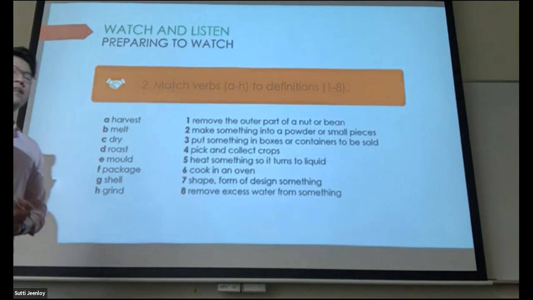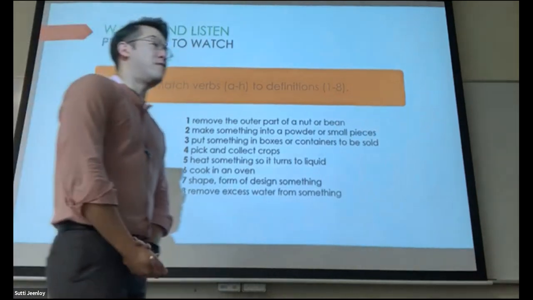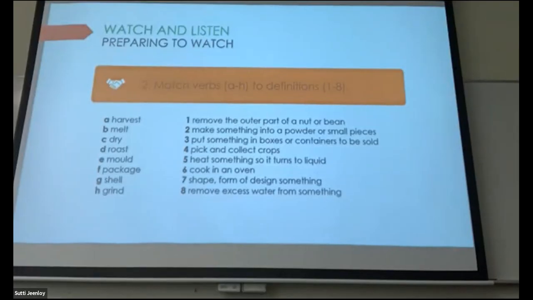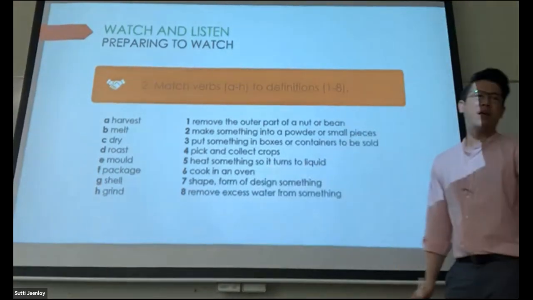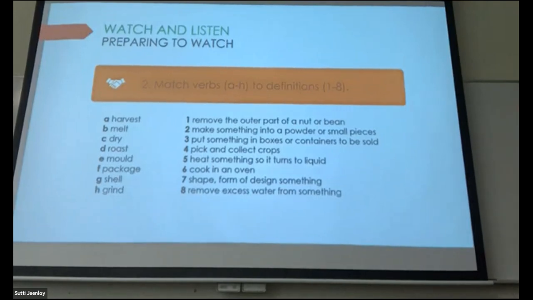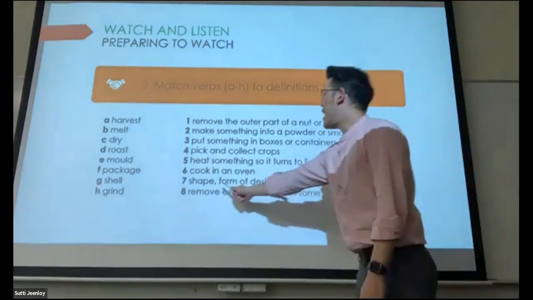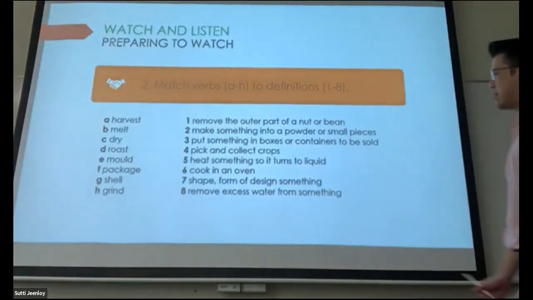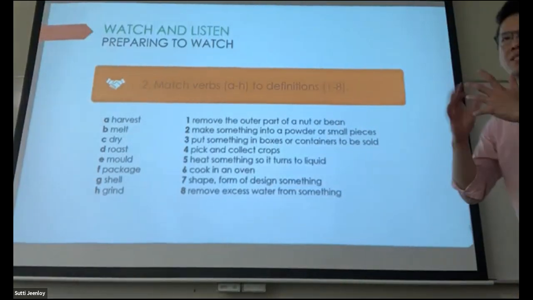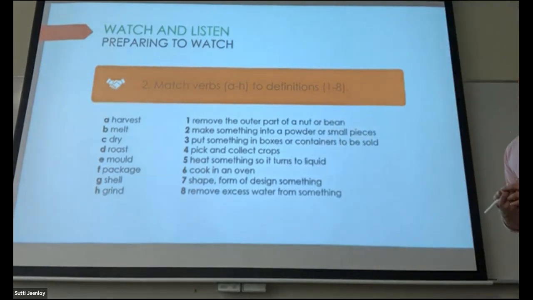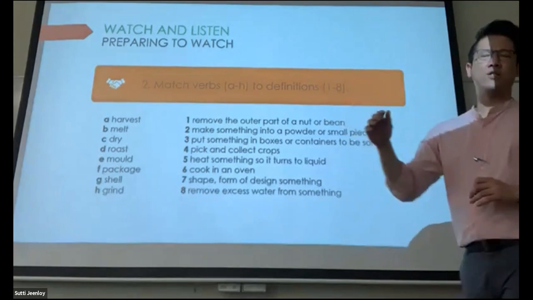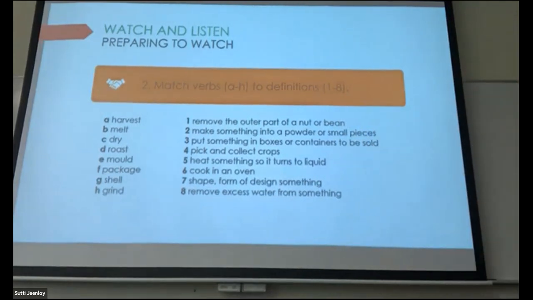Next, cook in an oven dry: roast, right? Roast. Okay, number 7, shape, form, or design something. You mold it, right? To mold. What exactly is that?